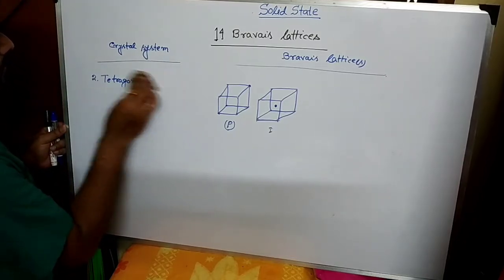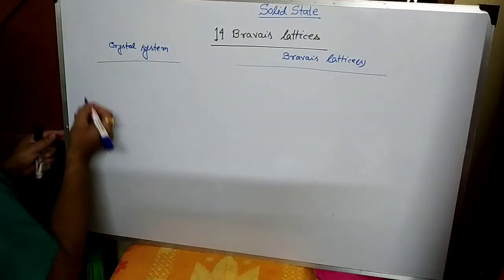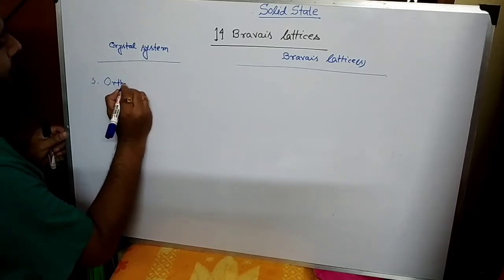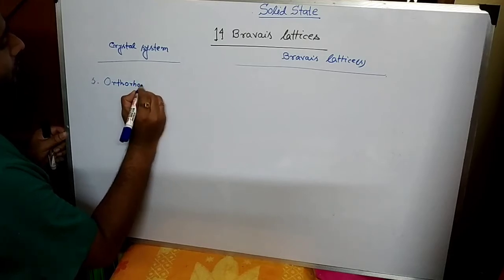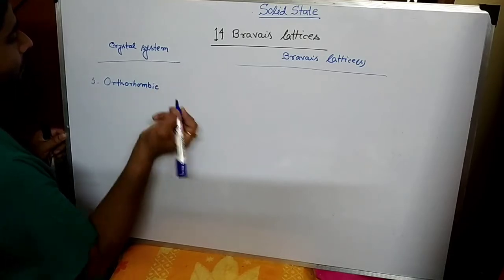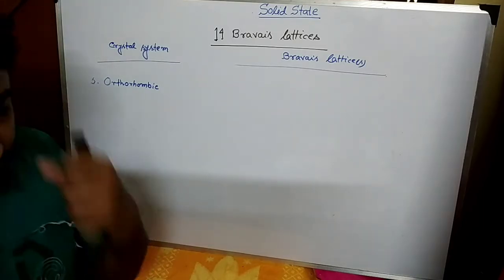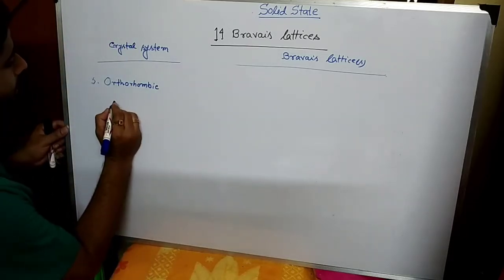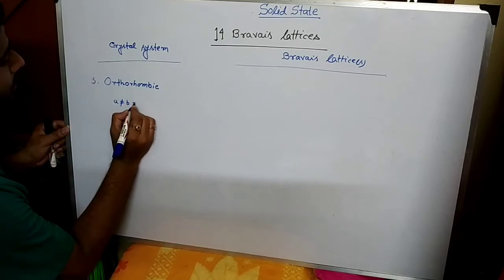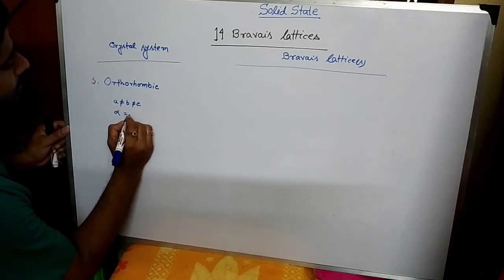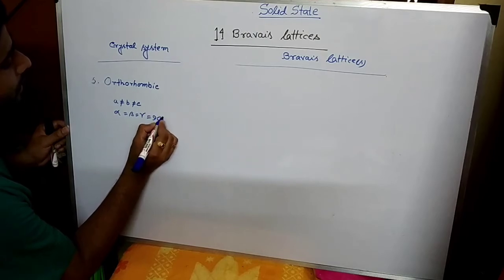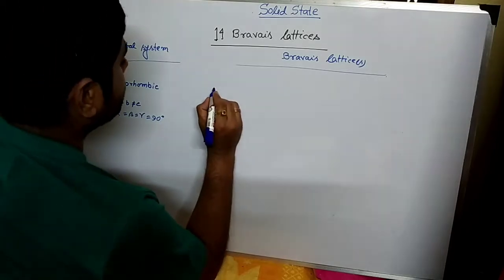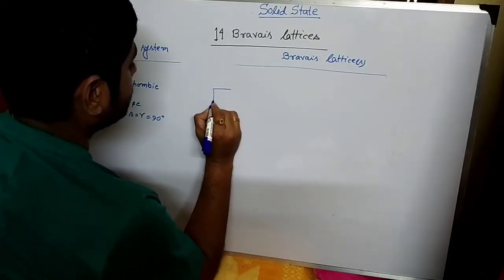The third category is orthorhombic. So in orthorhombic, what are the conditions here? A not equal to B not equal to C, but alpha equals beta equals gamma equals 90 degree. So what will be the Bravais lattice system?